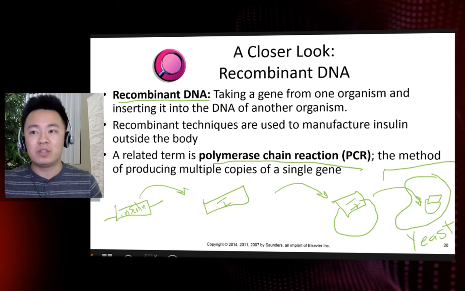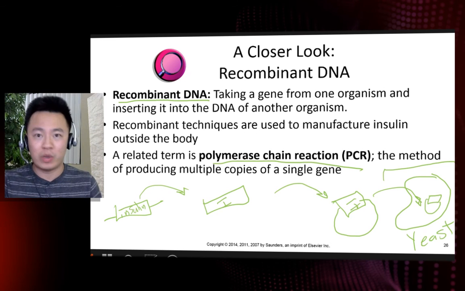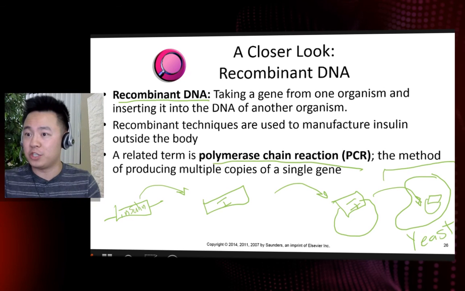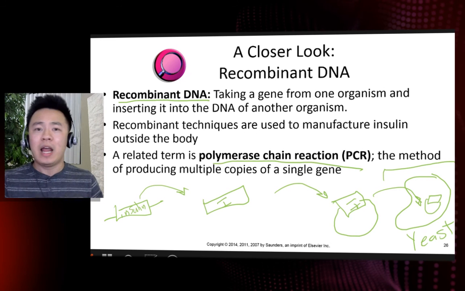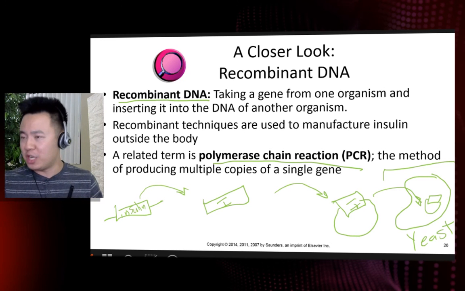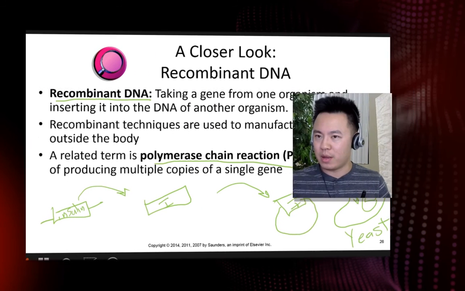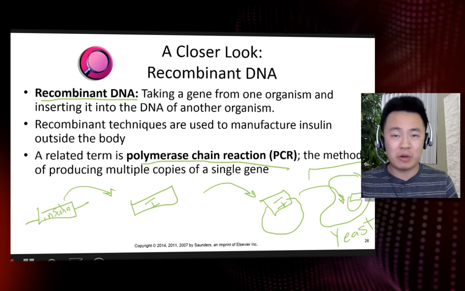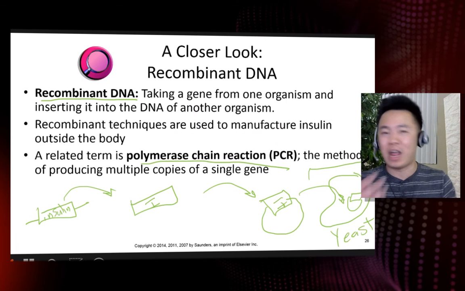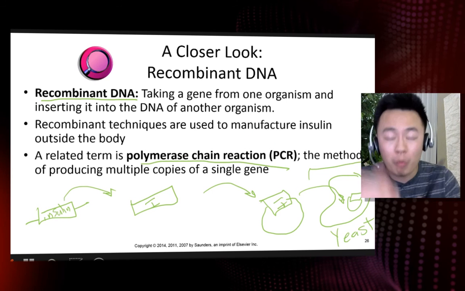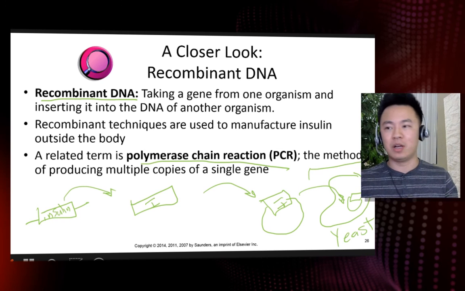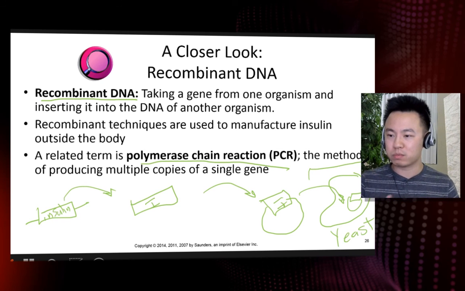And one of the methods to do that is known as polymerase chain reaction, which is an artificial way to make multiple copies of a particular gene, of a single gene. And it's much cheaper. It is quite a process to do, but at least it's much better than sitting there and waiting for the cells to naturally produce multiple copies of that gene. So it allows us to make multiple backups of whatever we want.